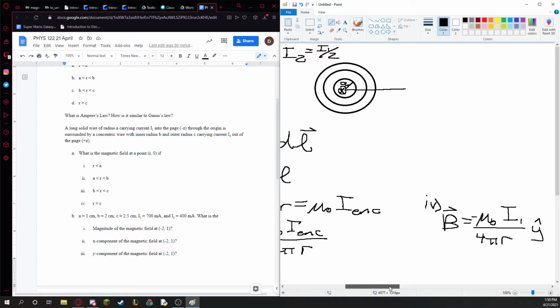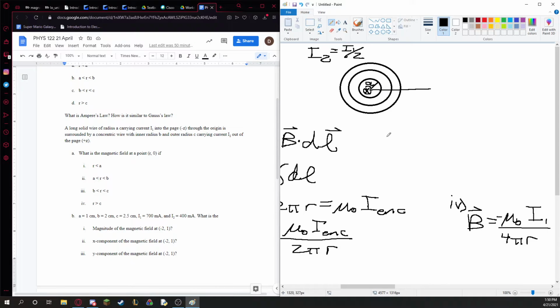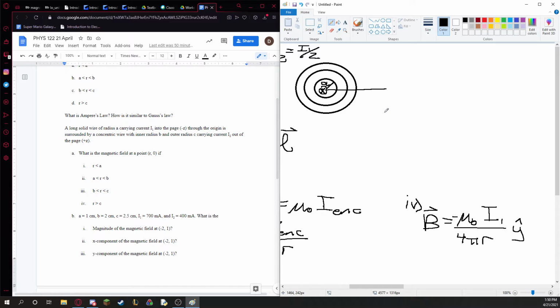So now what about the magnetic field between the two wires? So not inside the second wire, but between the two wires, between A and B. Yep, it's mu naught I1 over not r squared, but 2 pi r.